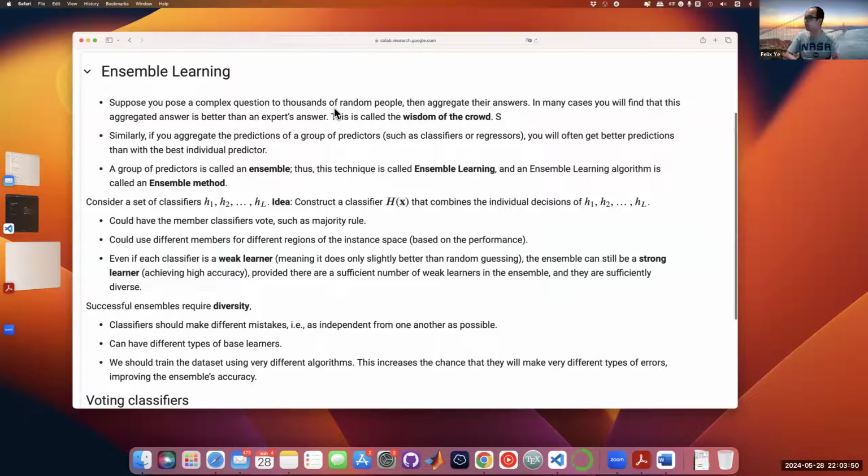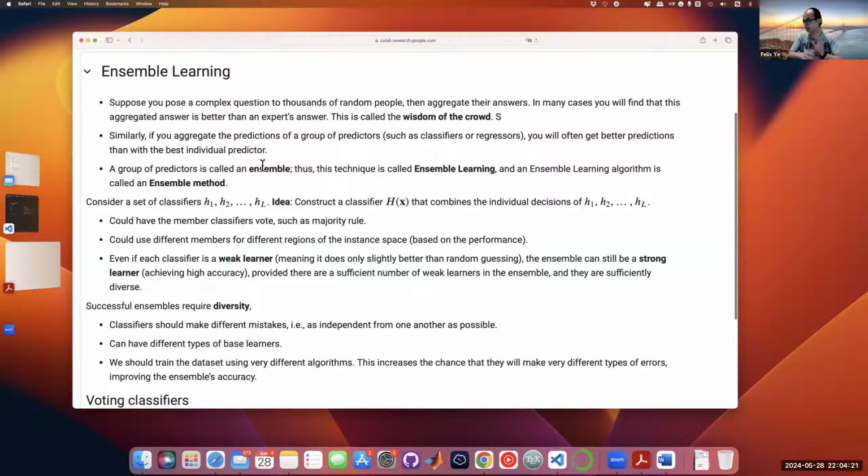Then you will often find you get better predictions than any single individual predictor, because you pick the best of the best using the wisdom of the crowd. But in this case, the crowd is a group of predictors. This is called an ensemble, and this whole technique is called ensemble learning.